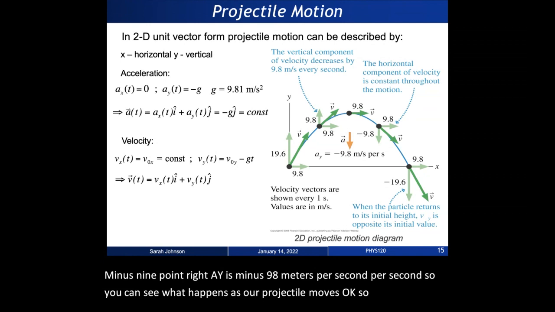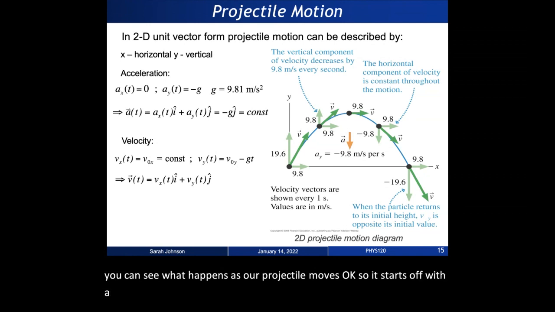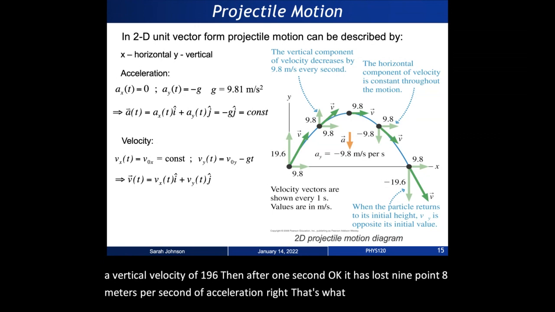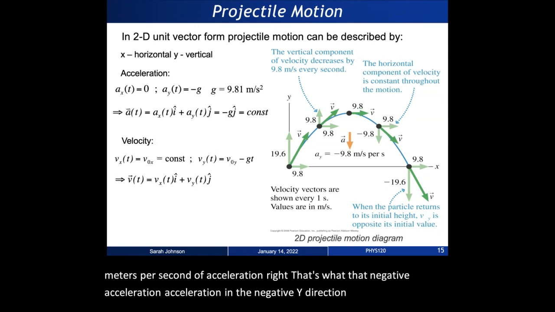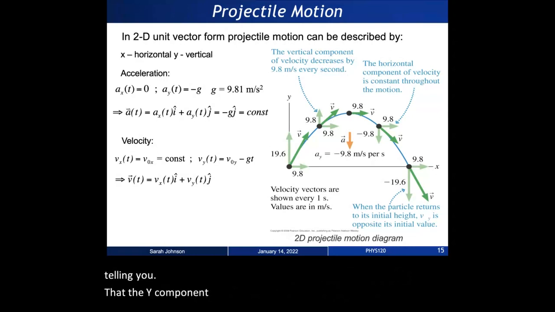Okay, so it starts off with a vertical velocity of 19.6. Then after 1 second, it has lost 9.8 meters per second. That's what the acceleration in the negative y direction is doing for you. It's telling you that the y component of the velocity changes by minus 9.8 meters per second every second.